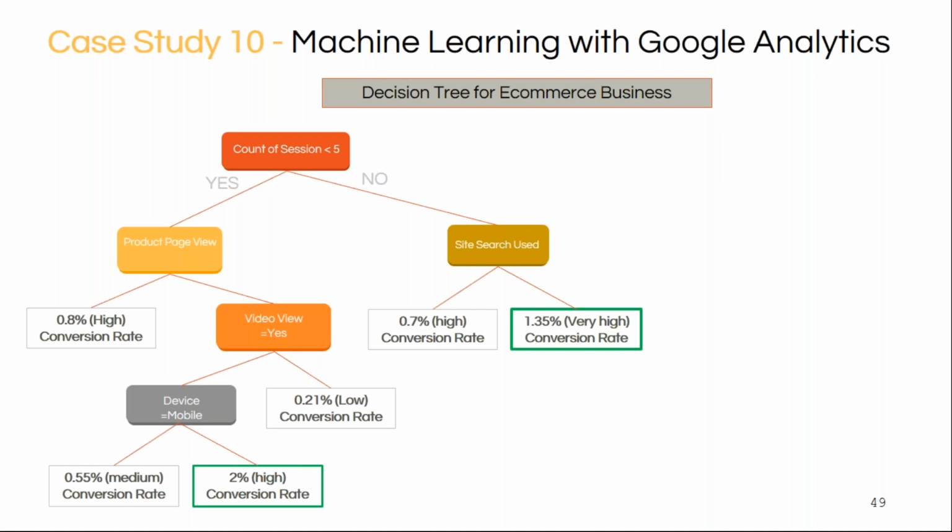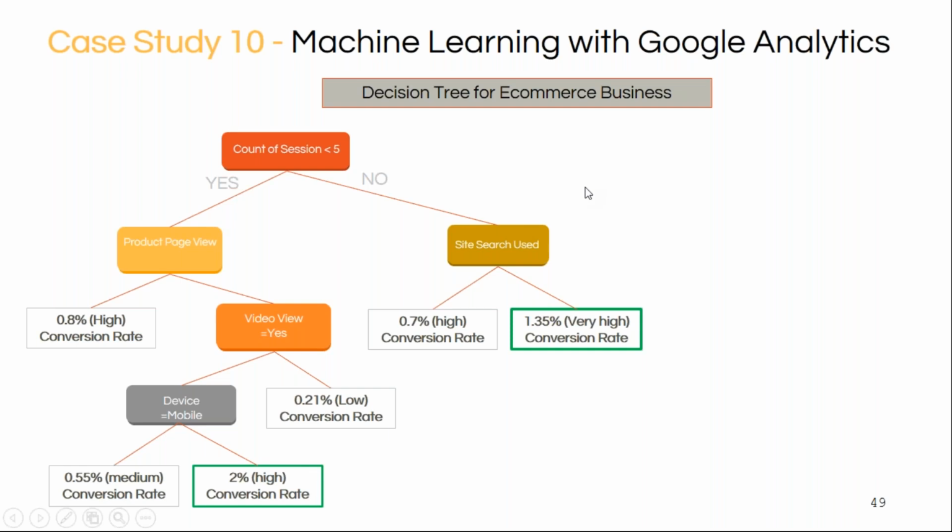So this is one case study, an e-commerce customer, because Google Analytics has multiple variables, as I said, so we wanted to find the best combination and the best conversion rate segments. Based on that, we used a mathematical model, a machine learning algorithm called decision tree.